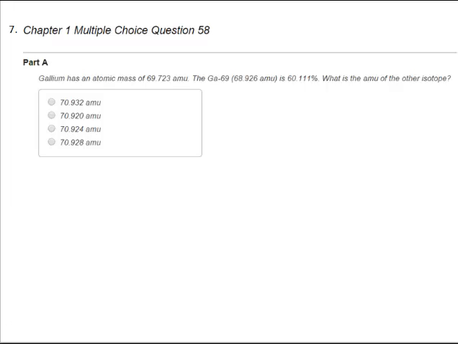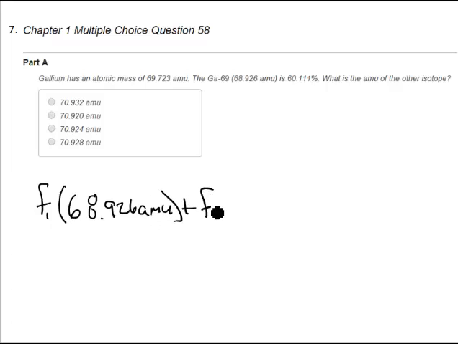Here's number 7. Now to do this, we're going to have to do a little bit of arithmetic, or algebra even. So remember that we have a mixture of isotopes, and in this case it is that fraction times the gallium-69, so that's 68.926 AMUs, added to the fraction that is the other gallium, and since it's the average here, our overall average mass turns out to be 69.723 AMUs.